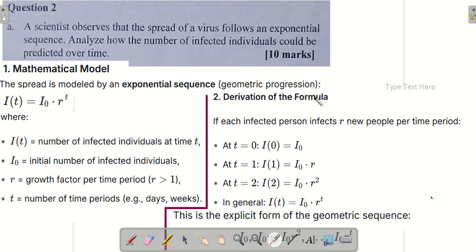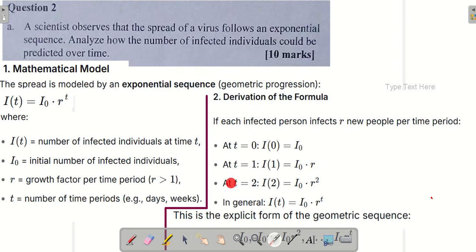Now, derivation of the formula. If each infected person infects R new people per time period, it means that at the very initial, where T is equal to 0, I0, that is the initial number of infected individuals, will be this. Then at T is equal to 1, those who will be infected is going to be the initial times R. That is the growth factor per period.